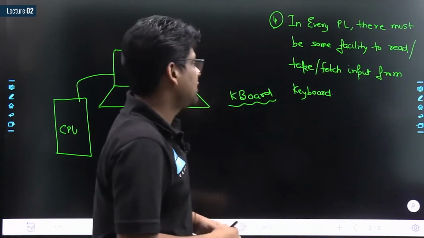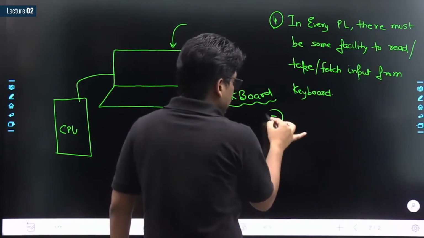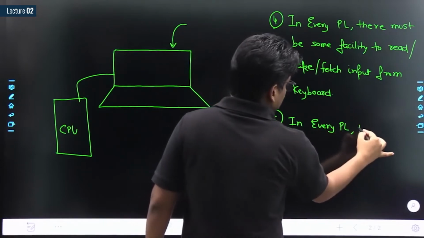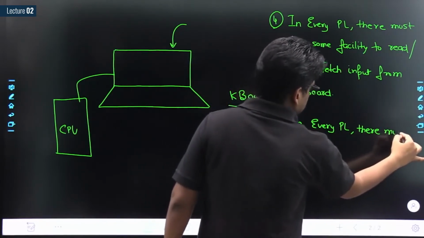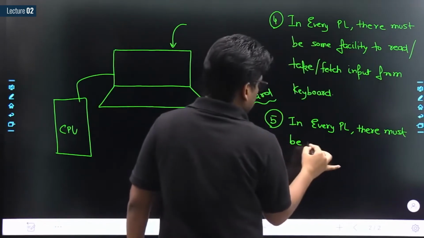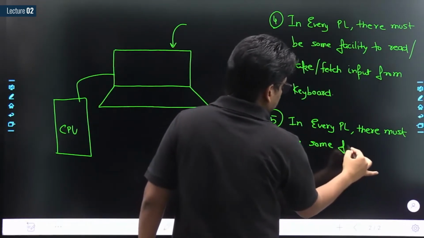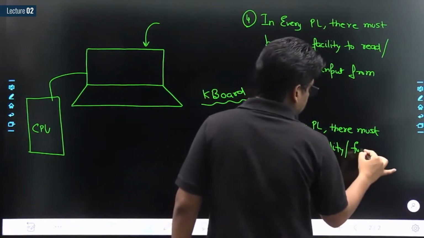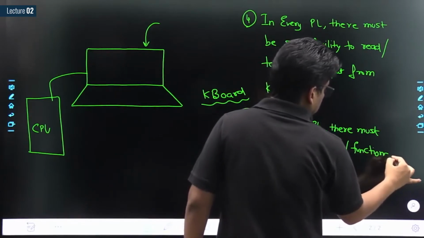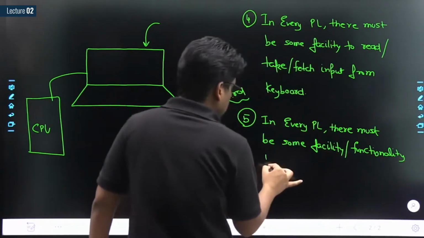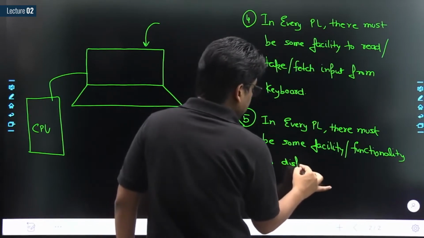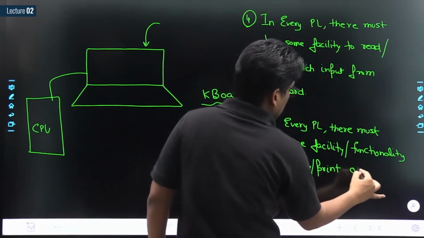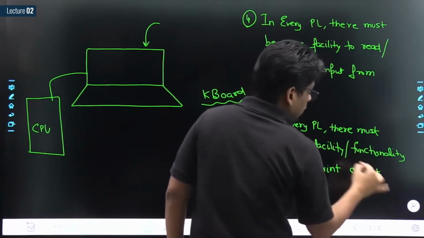That means in every programming language, there must be some facility, some functionality, to display or to print output from the program.